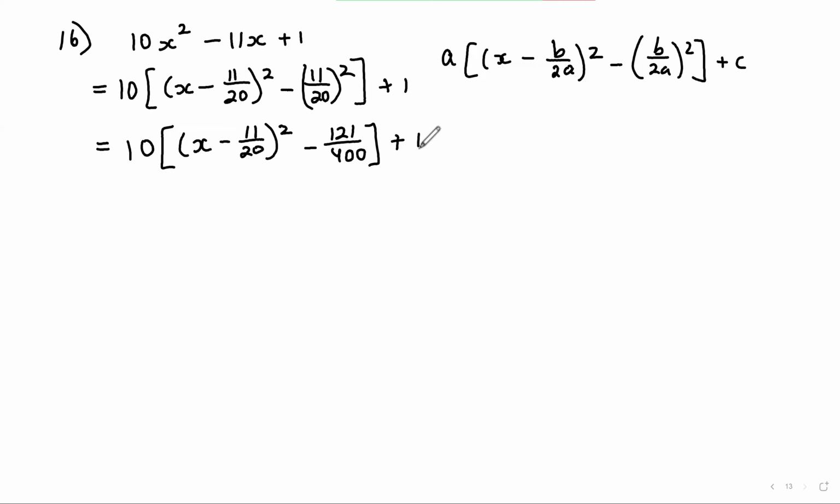And now we go ahead and distribute. So 10 open brackets x minus 11 over 20 squared. And now you multiply 10 by 121 over 400.